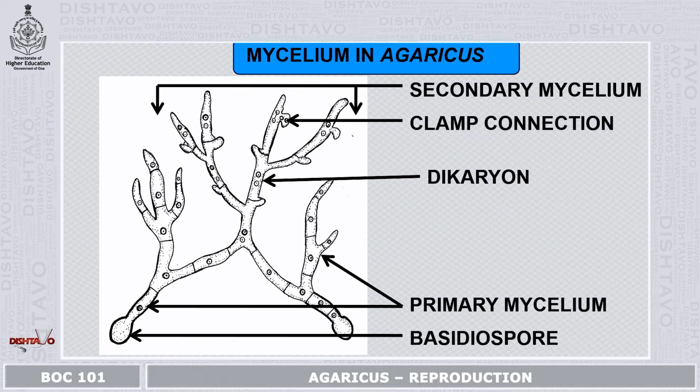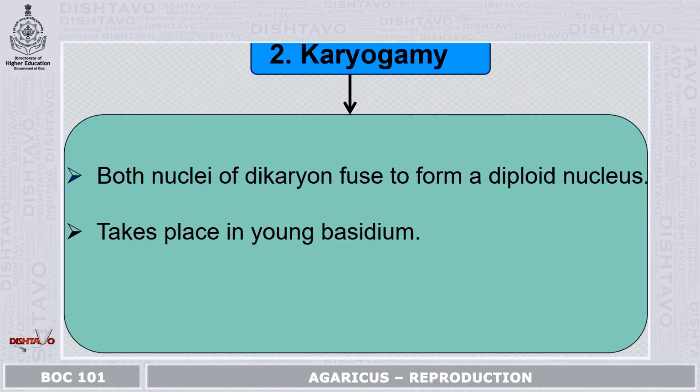So students, this is the picture to show you the primary mycelium. This is the primary mycelium fused together, the dikaryon. Successive divisions through clamp connections will form the secondary mycelium, which will form the tertiary mycelium, which will give rise to the basidiocarps.